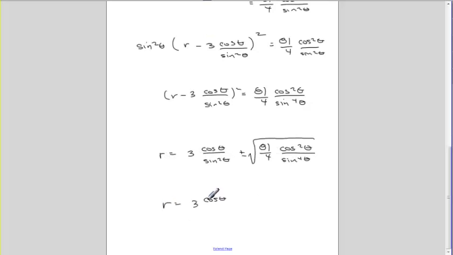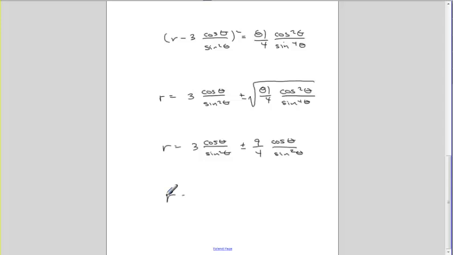And you can take the square root of each term, so you get plus or minus 9/4 cosine of theta over sine squared of theta.